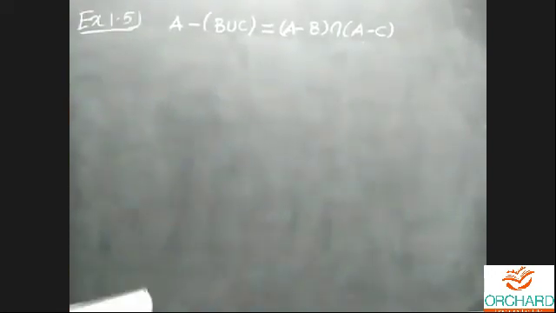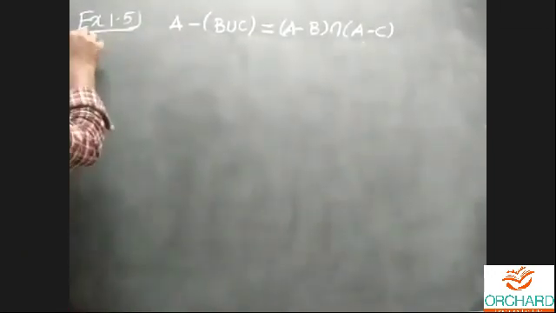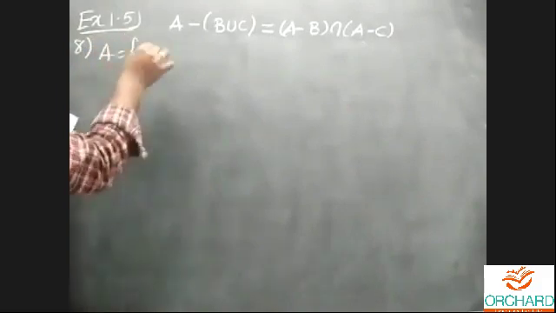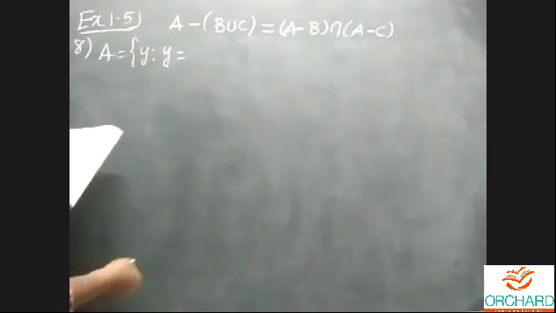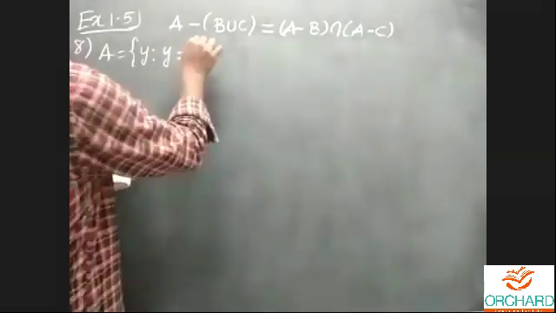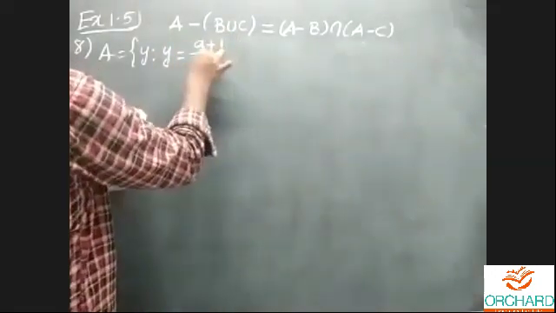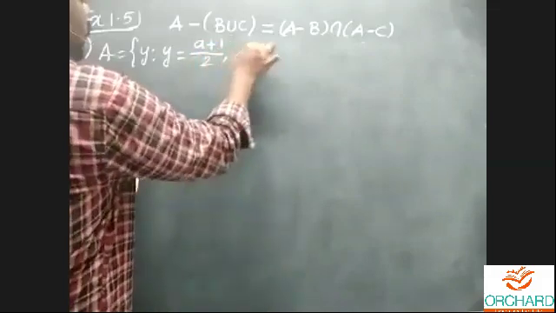Here they define set A in set builder form: Y such that Y equals A plus 1 by 2, where A belongs to W.